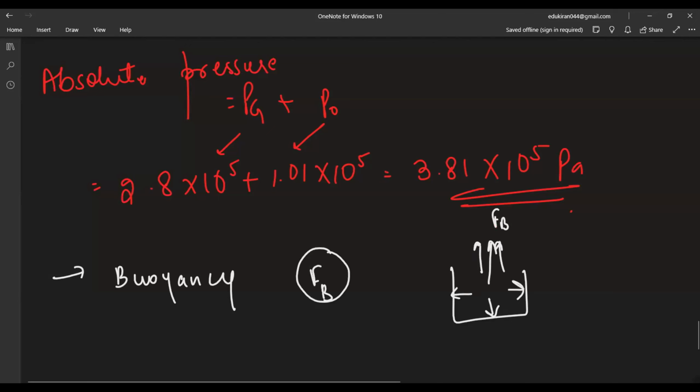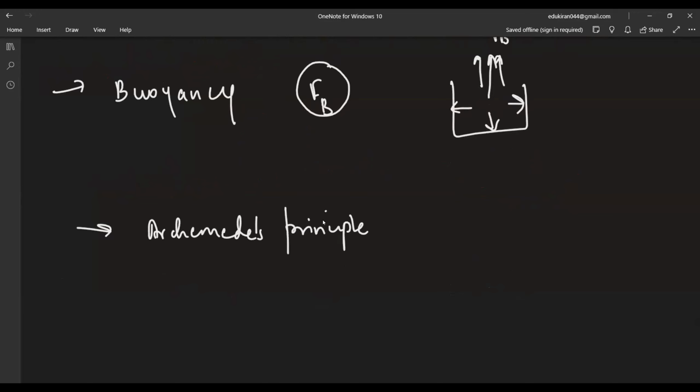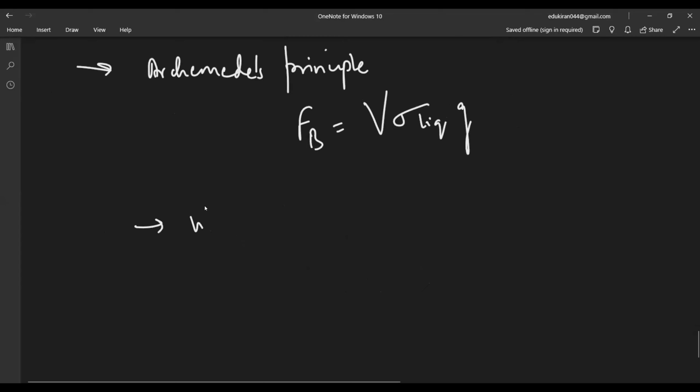Then apart from buoyancy, you have the concept of Archimedes principle. In Archimedes principle, two things are very important to remember. One is that the buoyant force is equal to V, volume of the body, times density of the liquid, into G. Second, apparent weight is equal to actual weight times 1 minus rho by sigma.